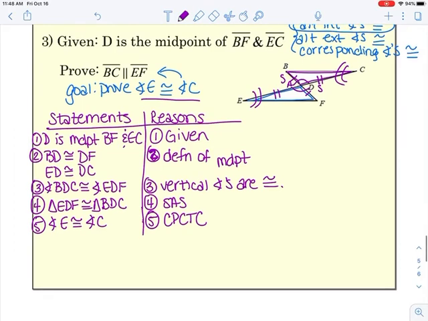And now, finally, I can have my last statement that I actually want to prove here. BC is parallel to EF. And again, why is that? Because those are alternate interior angles. So alternate interior angles are congruent. And you've now shown what you needed to show.